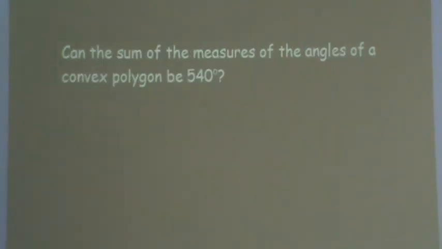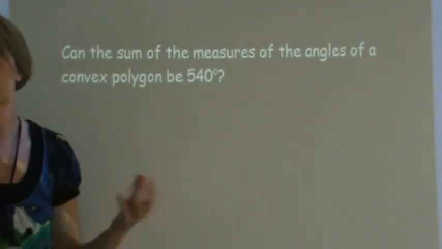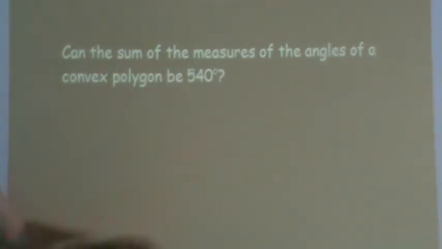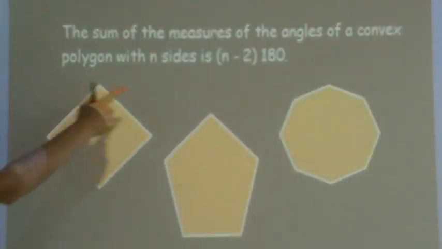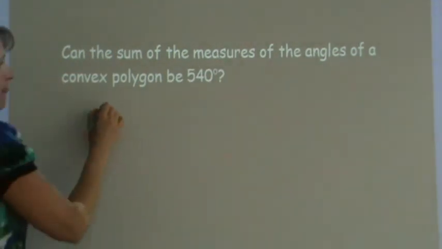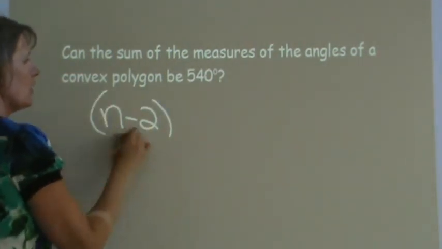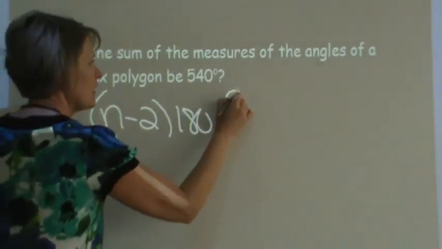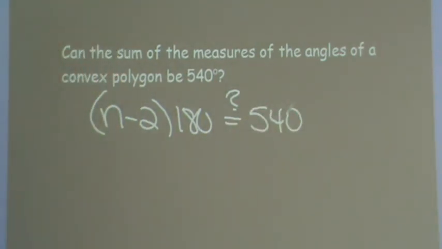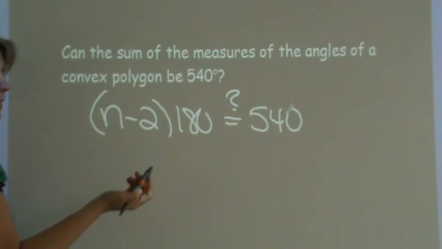All right, so the way it's going to be worded to you is it's going to say something like, can the sum of the measures of the angles of a convex polygon be 540 degrees? Well, if I go back here and take this, n minus 2 times 180, we want to know can that equal 540 degrees? I don't know, let's see. So, we'll distribute.